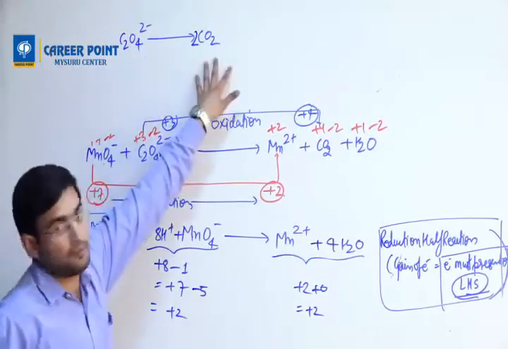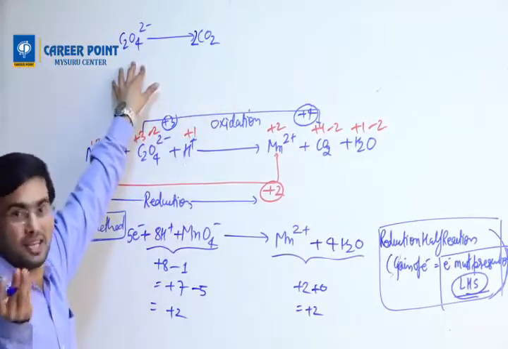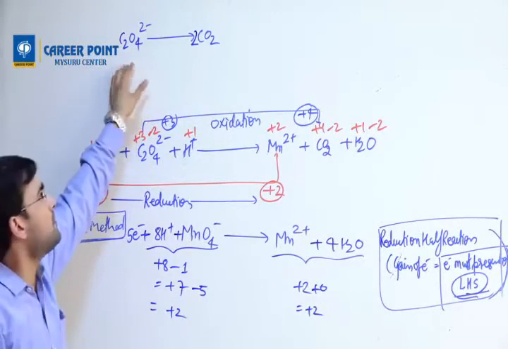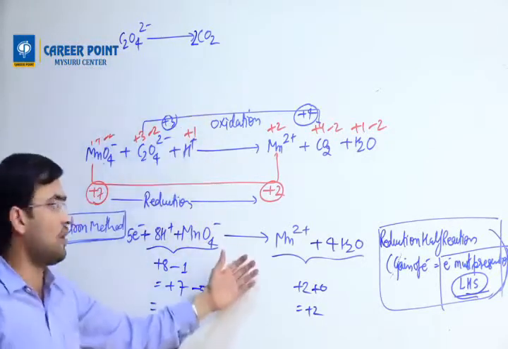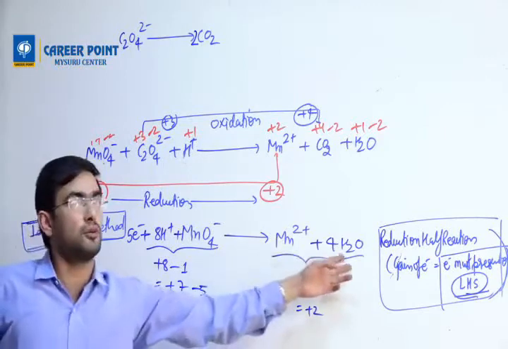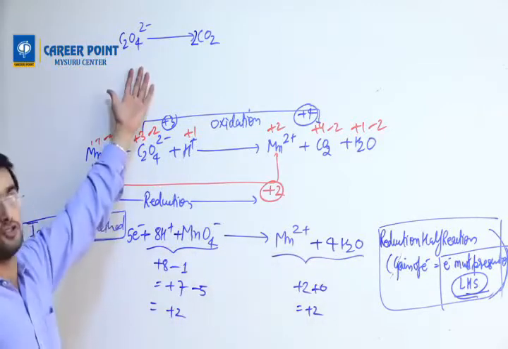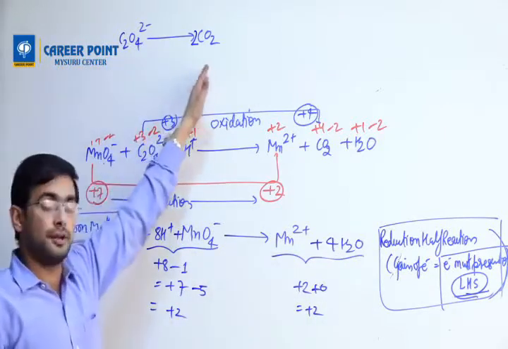So I don't have to bring hydrogen or extra oxygen, not required because it is completely balanced. Here there was unbalanced oxygen, so I brought water and H+, but there is no need because they are already balanced.